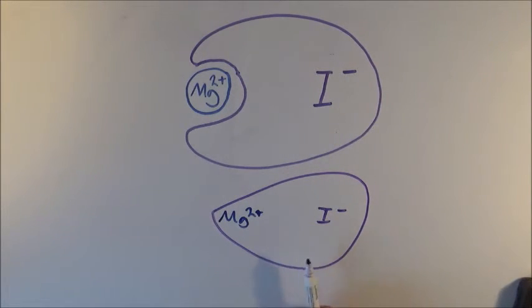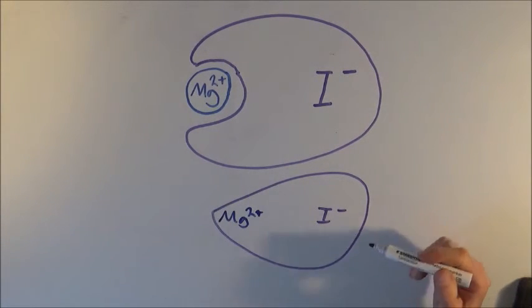Covalent bonding is of course shared pairs of electrons. It occurs when orbitals overlap to give molecular orbitals. It's still primarily ionic bonding, but there is a component of covalent bonding in here. Now of course I've drawn this just for one iodide ion. In practice there would be 2 iodide ions for each magnesium, so you'd have the same thing repeated over here.